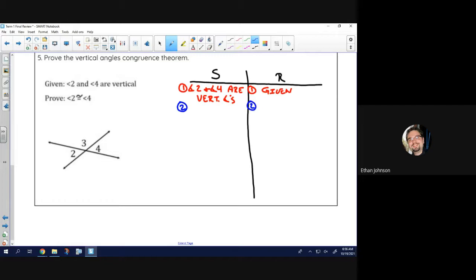So then looking at our diagram, I'm going to see if there's any other relationship. So I notice that angle 2 and angle 3 make up that line. They're a linear pair. And I know linear pairs are supplementary. So I can say angle 2 and angle 3 are supplementary, because they are a linear pair.